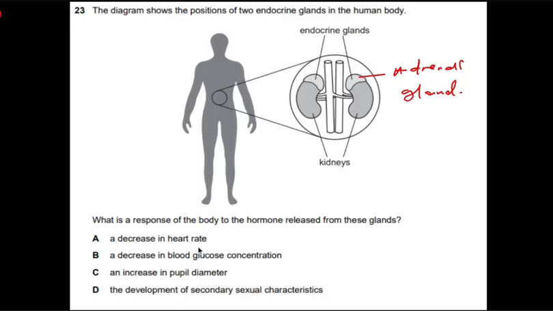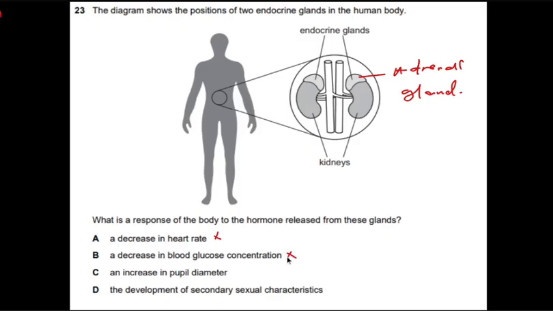That's the reason why whenever you're about to write a test, or about to go somewhere, this gland is stimulated to make you active, to increase the heart rate so that more oxygen can reach the body parts. So this one here, we can remove it. Then the second one says a decrease in blood glucose concentration.